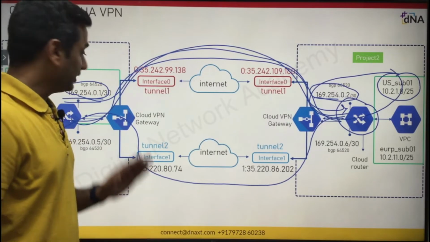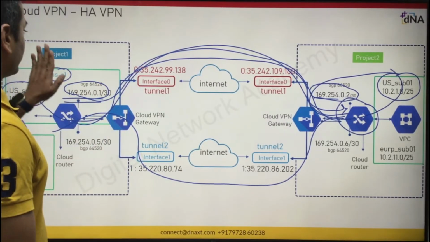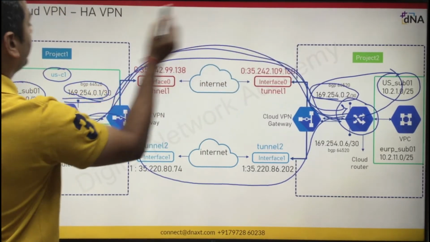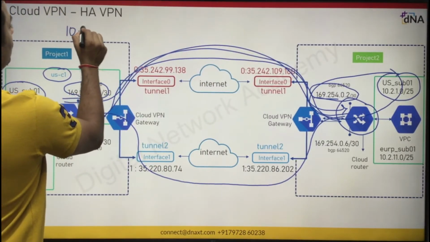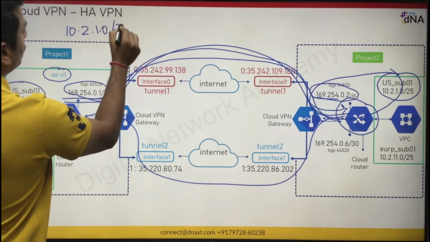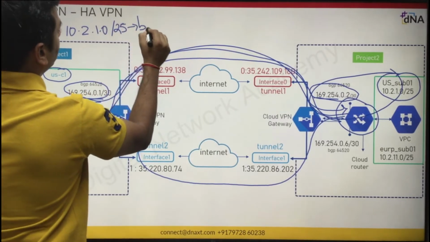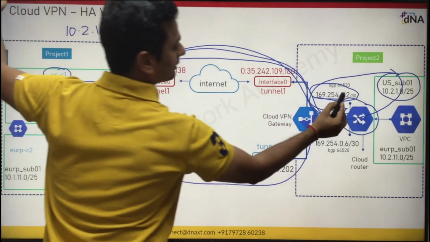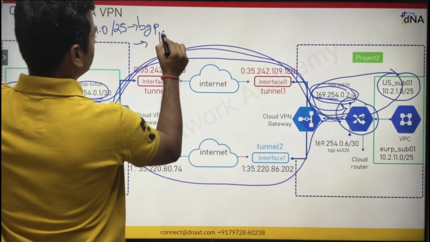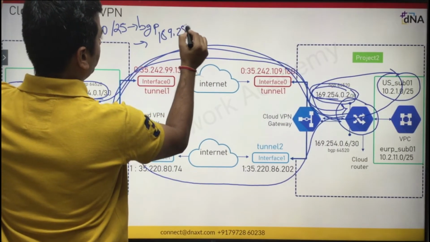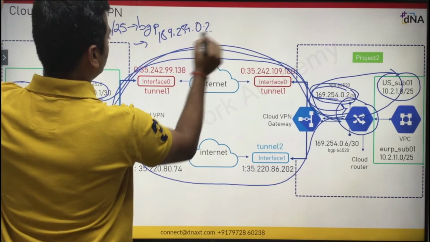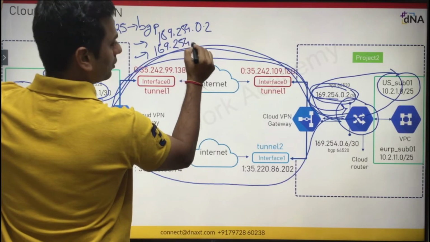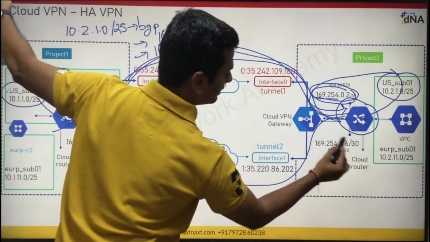Yes, of course, 100%. Consider in project 1, to reach 10.2.1.0/25 you will receive the route through BGP, and the first next hop for project 1 is 169.254.0.2, and you will find another next hop, 169.254.0.6, which is this.